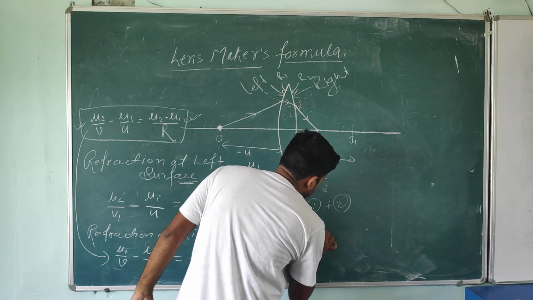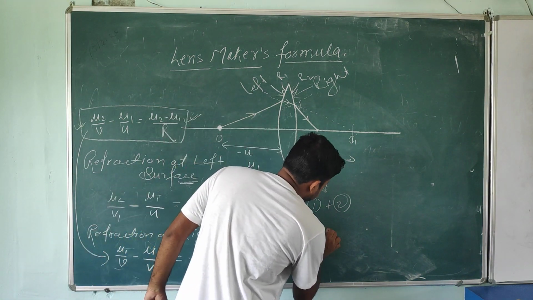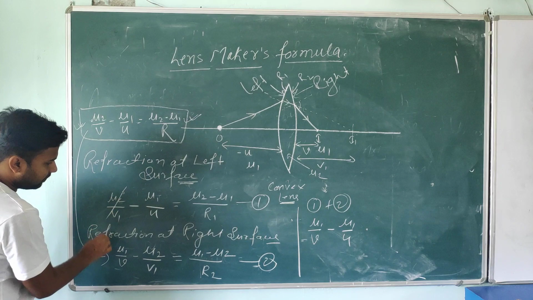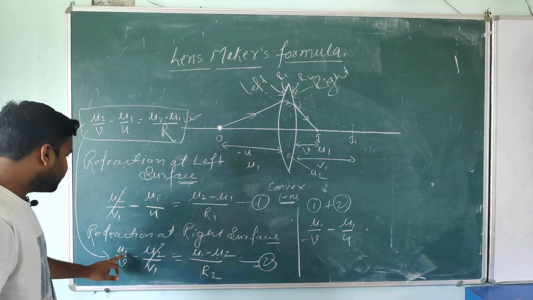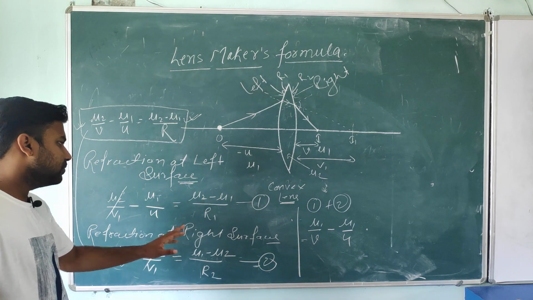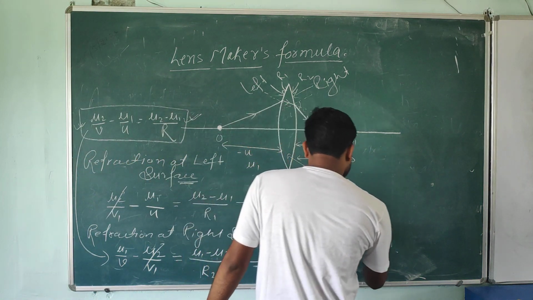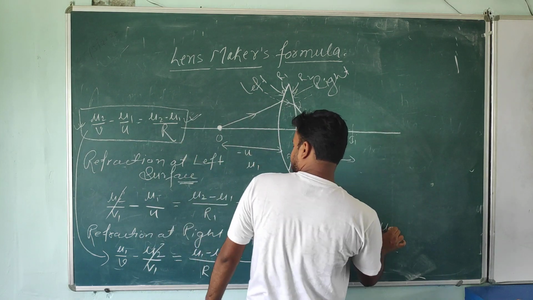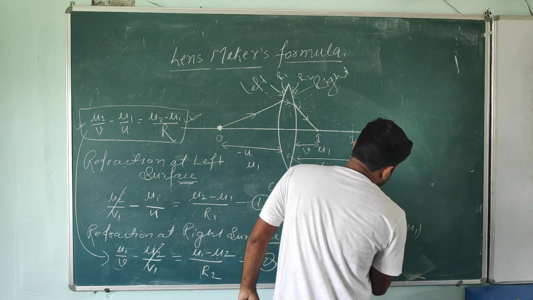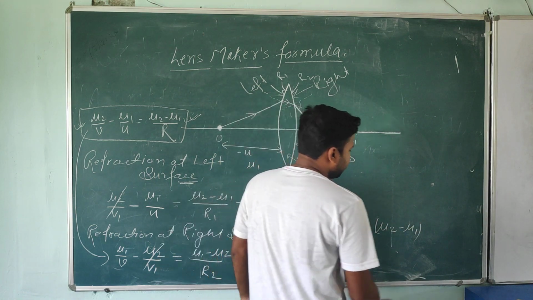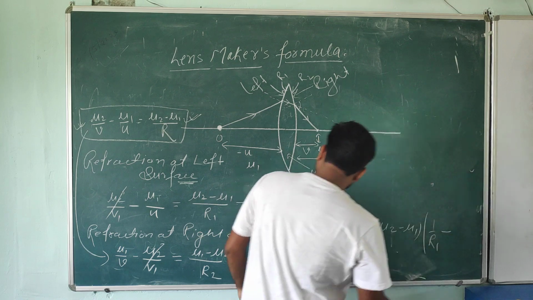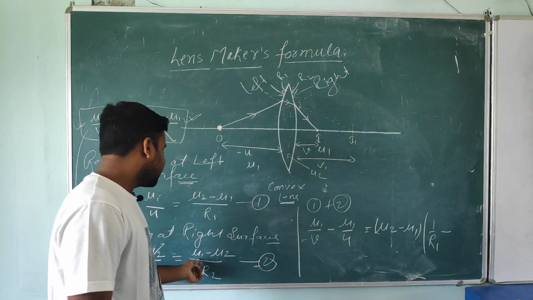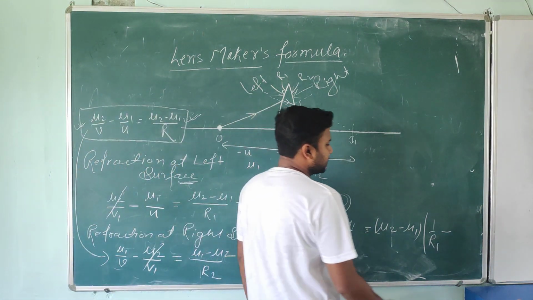What you will get is mu1 divided by V minus mu1 divided by U. Here, if you take mu2 minus mu1 common, it will become 1 by R1 with the positive sign, minus the other term, because here we took mu2 minus mu1 but there it's mu1 minus mu2, which means you have to take it with the negative sign.